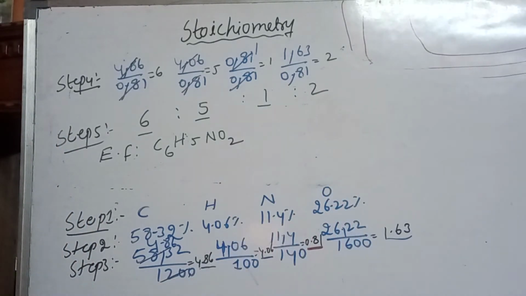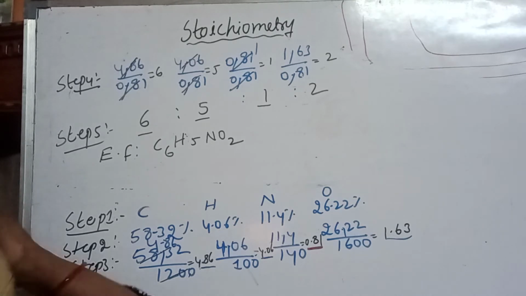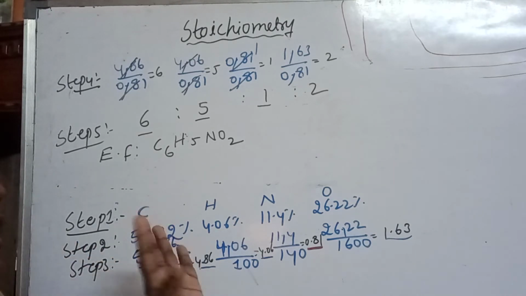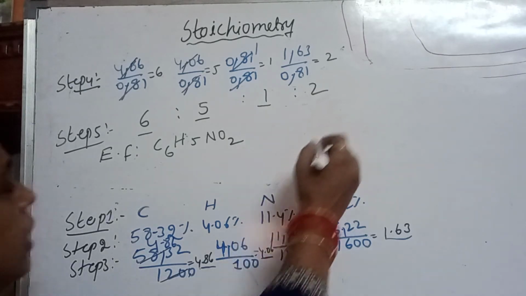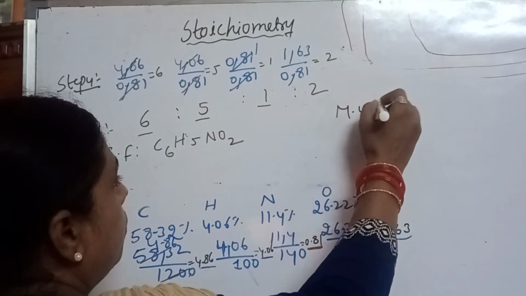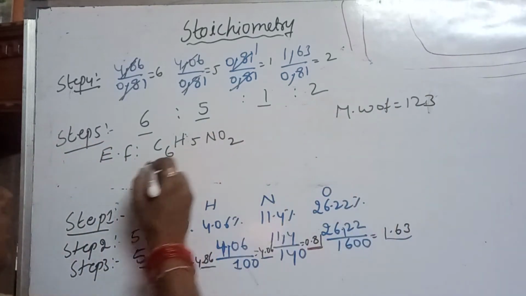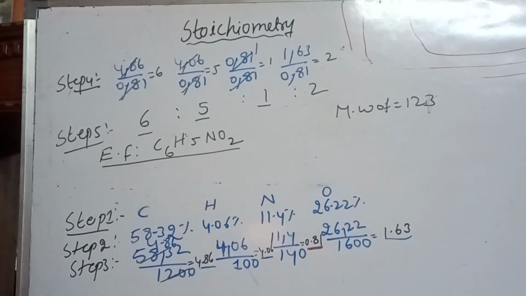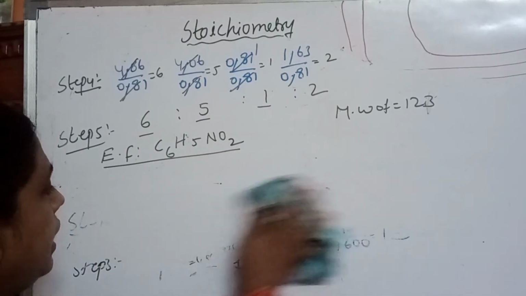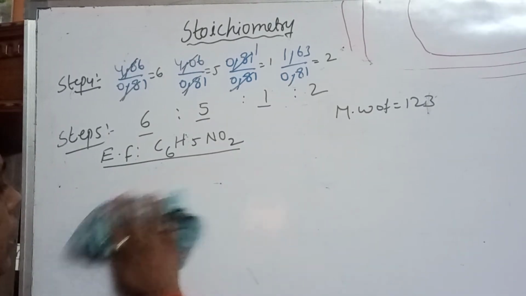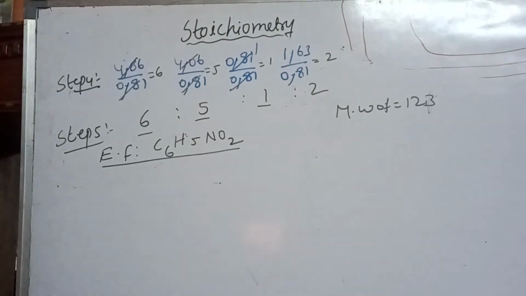From this we have to calculate the molecular formula, because in the problem the molecular weight of the compound is given as 123.